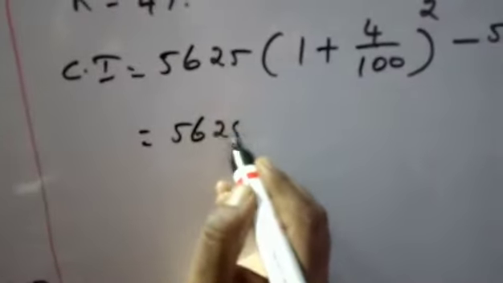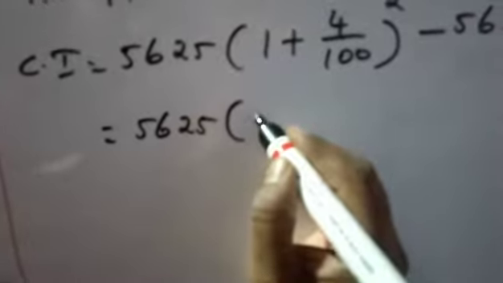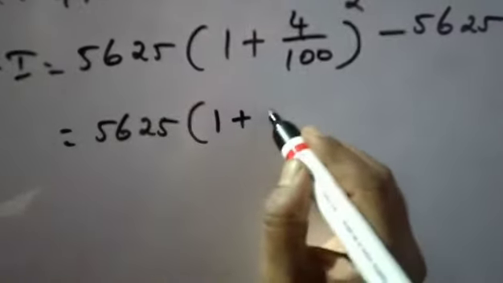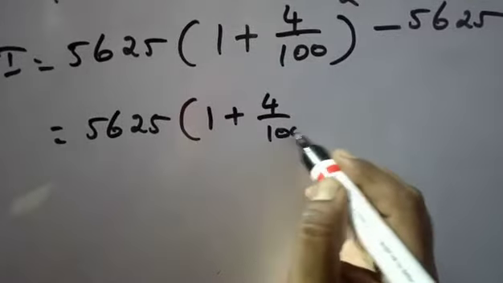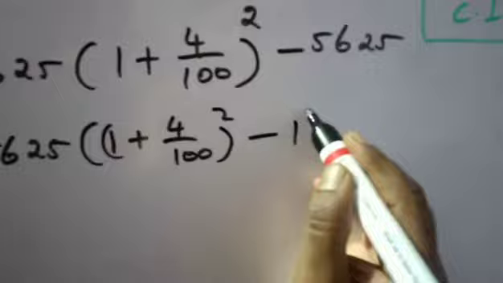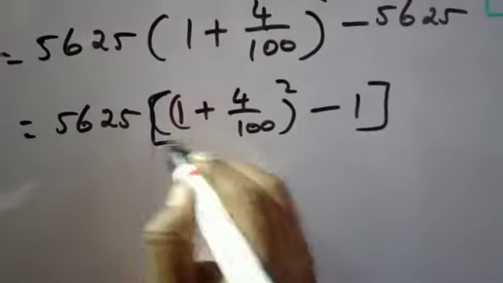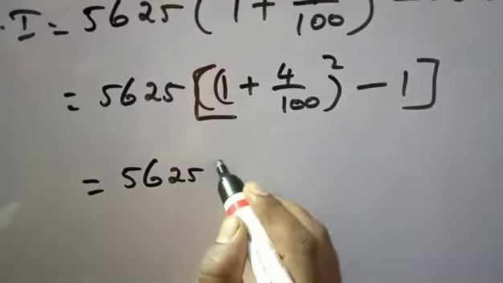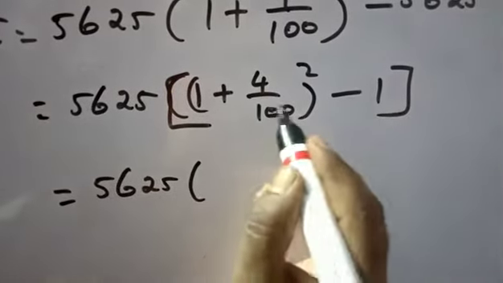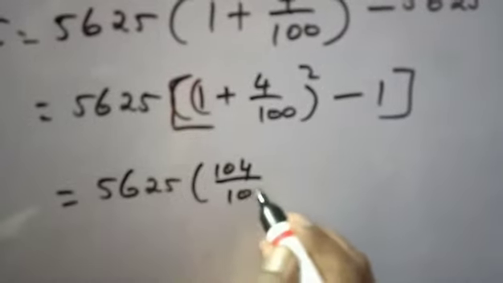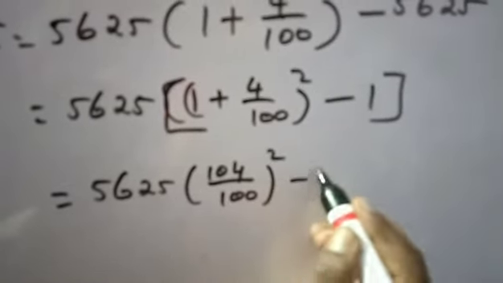We can take 5625 outside: 1 plus 4 by 100 power 2 minus 1, equal to 5625 into, with LCM 100, (104 by 100) power 2 minus 1.